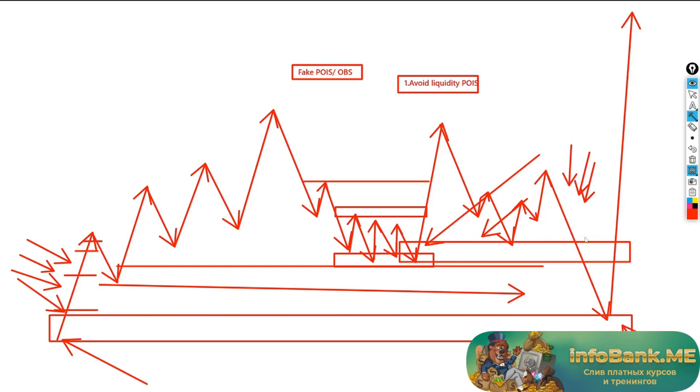And on the way down, we are creating liquidity at this point, and we're grabbing it into a point of interest, and we're filling in imbalances once again. So that's why this point of interest becomes a much higher probability in comparison to this one over here. And let me actually take a second. Let's remove all that, and we're going to be writing out the second idea over here. Wait for discount OBs.